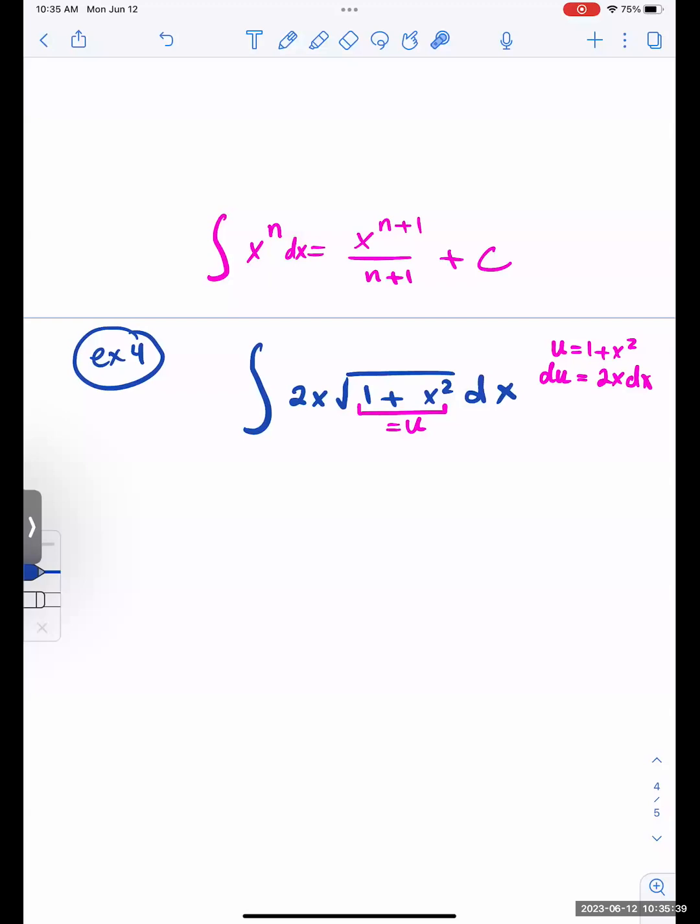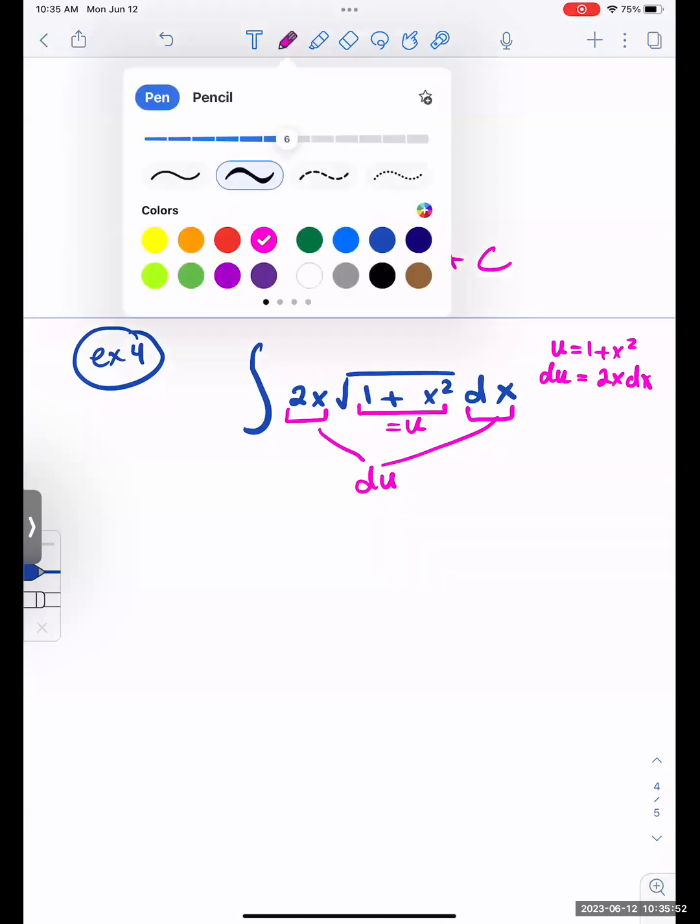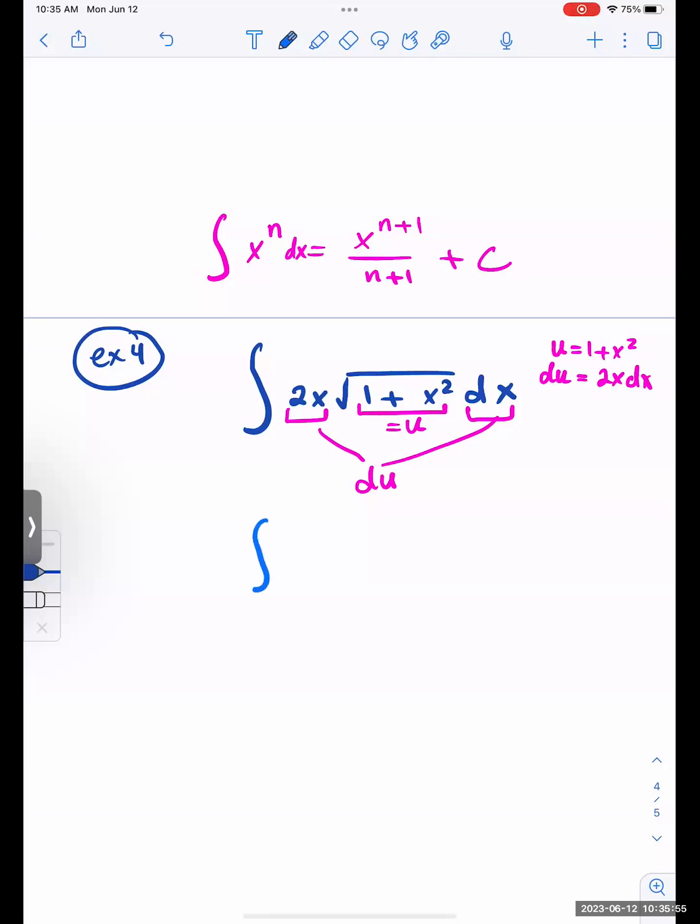So 2x dx. Now let's look at the beauty here. So 2x dx together is du in this case. So I'm going to rewrite my integral. I'm going to write 2x dx as du. I'm going to write this as radical u. Now, u to 1/2 instead of radical du.